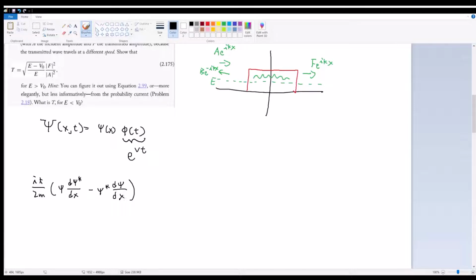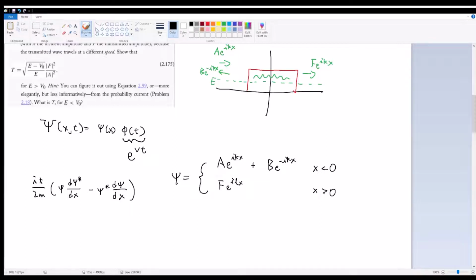So we have to do it this way via probability current. So for reference, our wave function in part B was defined as a e to the ikx plus b times e to the negative ikx when x is less than 0, and then finally f e to the i l x when x is greater than 0.